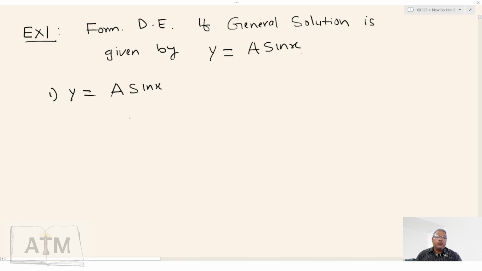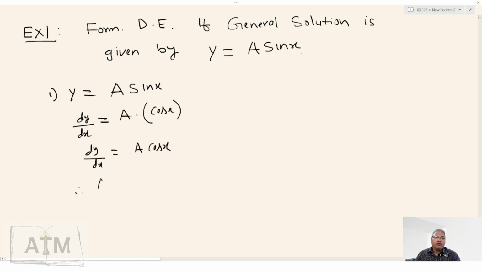That means we have to find the value of a. So for that I have to take the derivative. dy by dx equals a into the derivative of sin x, which is cos x. So dy by dx equals a cos x.